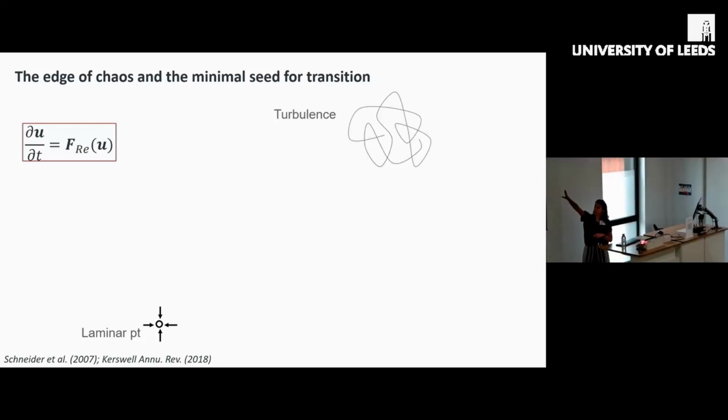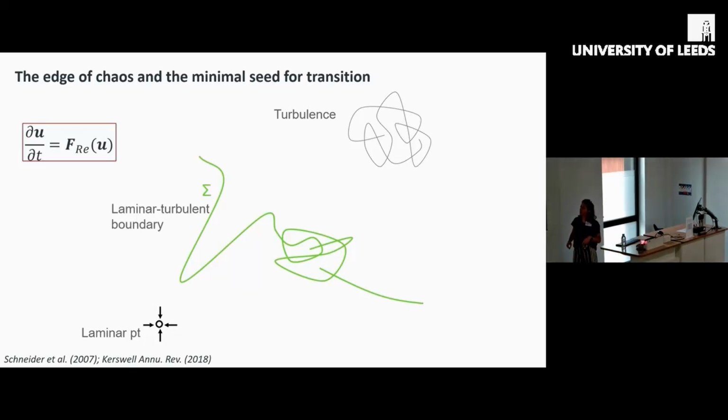And then up here, we have turbulence, which is much more messy, and for high enough Reynolds number, it's also an attractor. So we have coexistence of two attractors. So there is a basin, but there is a boundary that separates the two basins of attraction. If I start here, I go back to laminar. If I start here, I go to turbulence.